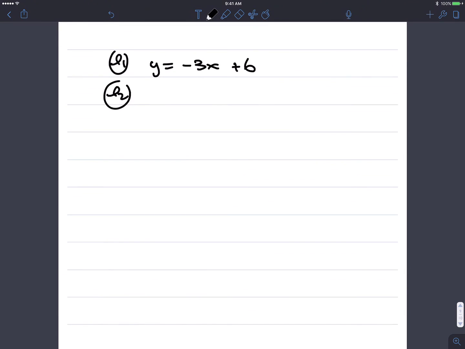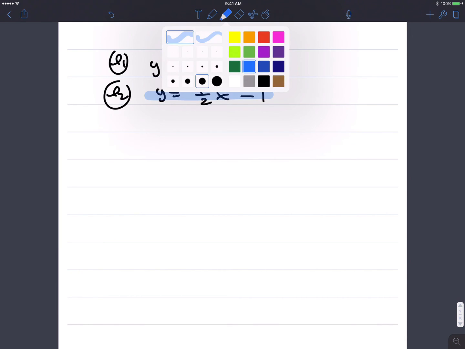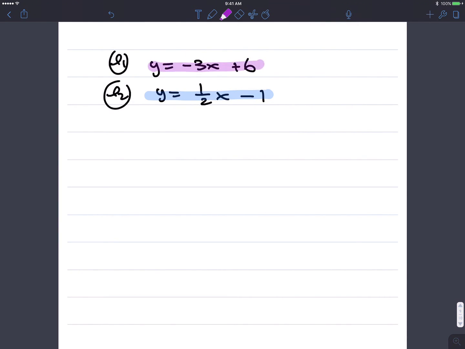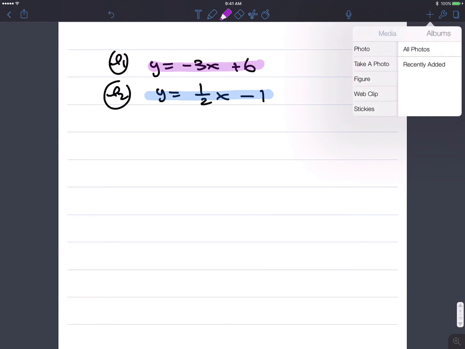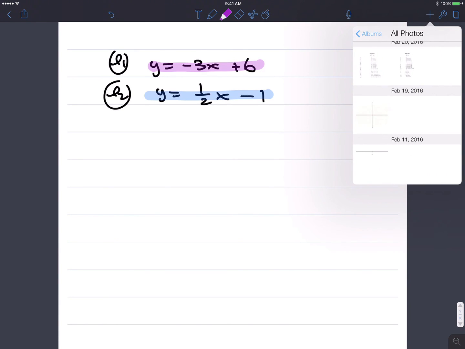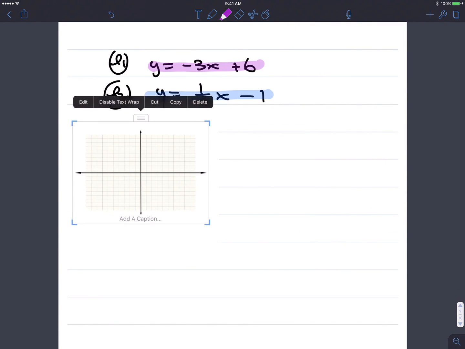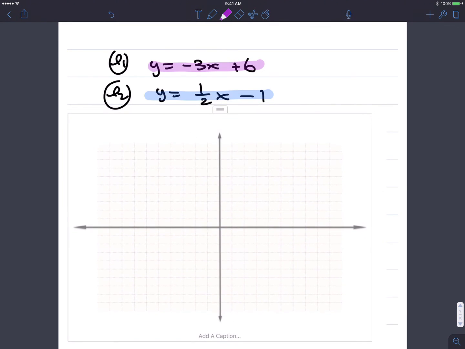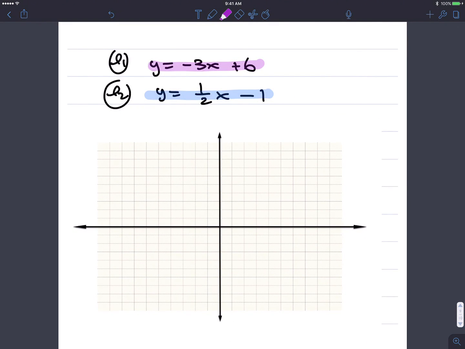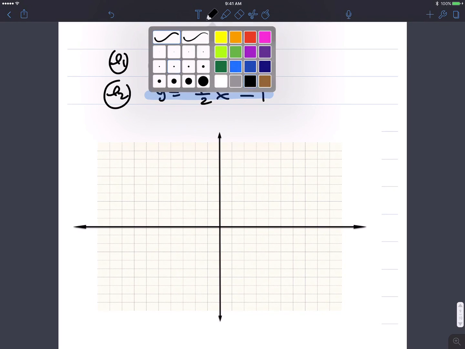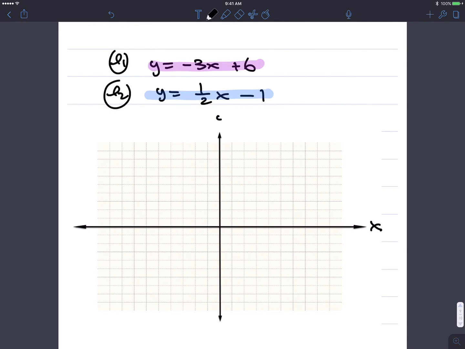Line 2 is y is 1/2 x minus 1. Again, blue, purple. We need a graph. Okay, we have the x-axis, the y-axis. Let's graph.